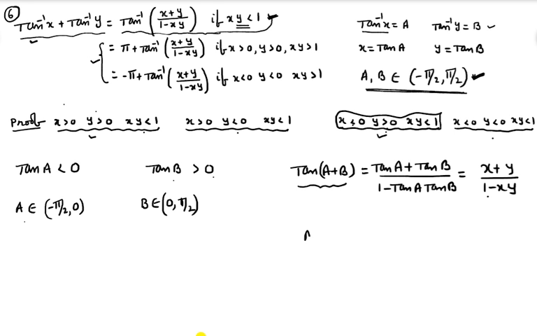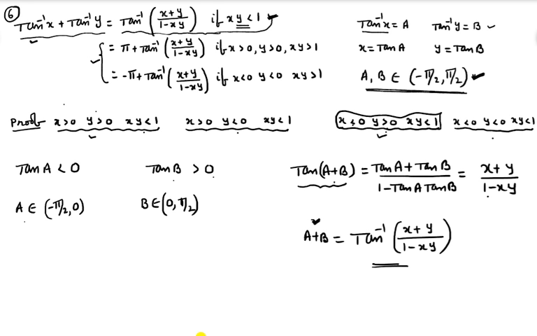So tan of a plus b is equal to x plus y by 1 minus xy. From this we can write a plus b is equal to, applying the inverse function definition, tan inverse of x plus y divided by 1 minus xy.